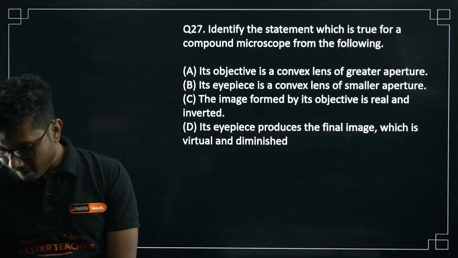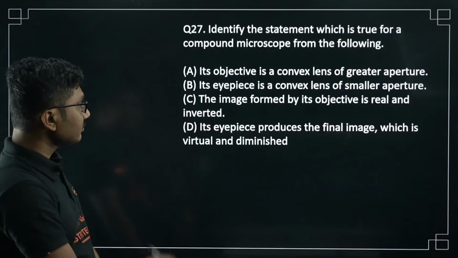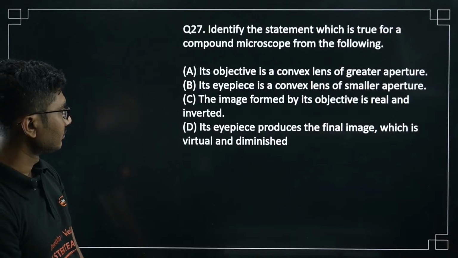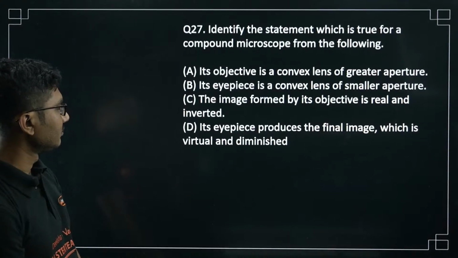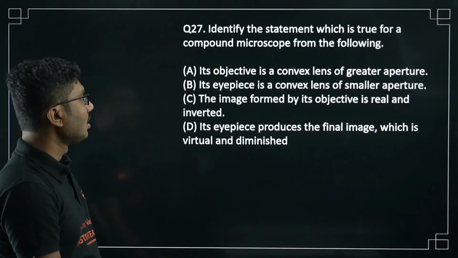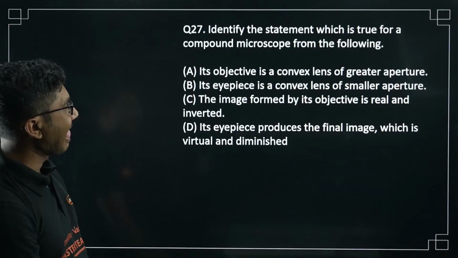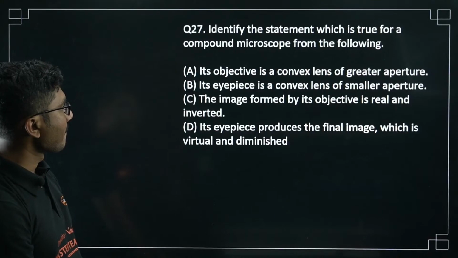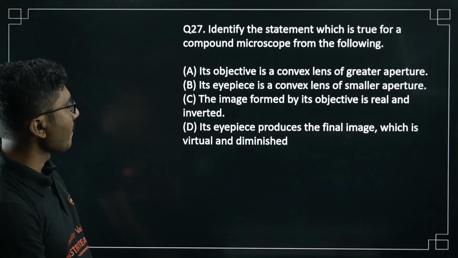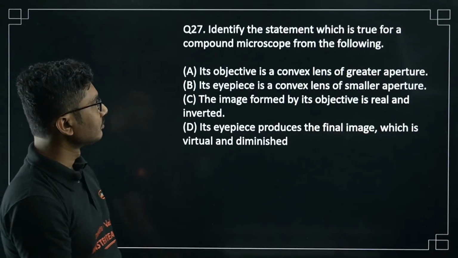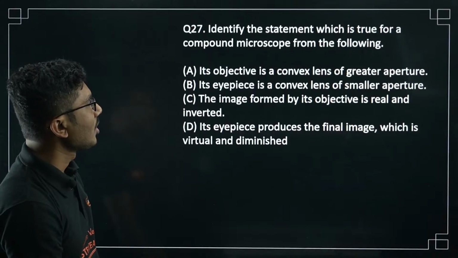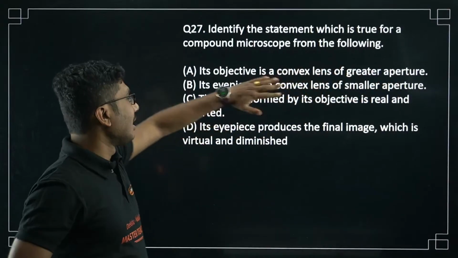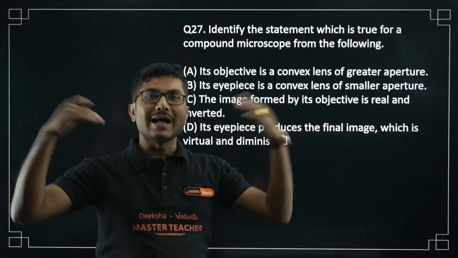27A, 27B. So in this case 27A is okay, but the objective lens, convex lens, is not very high in aperture.